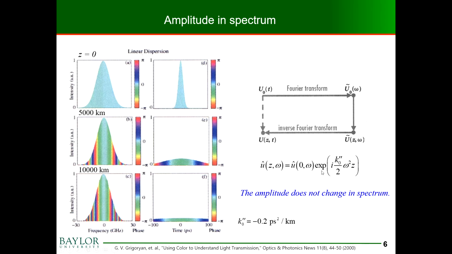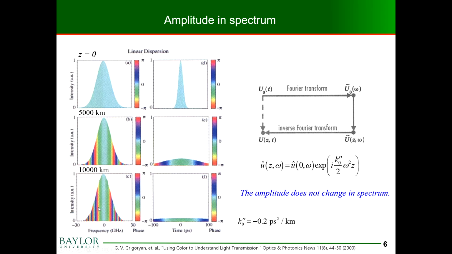Taking the absolute value square gives cosine squared theta plus sine squared theta, which is 1. So basically, the amplitude does not change in the spectrum. What changed is the time domain. The pulse is broadened.